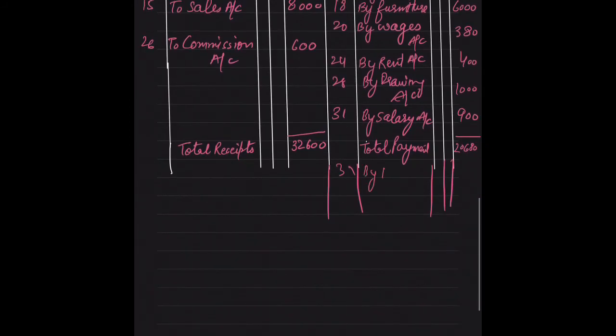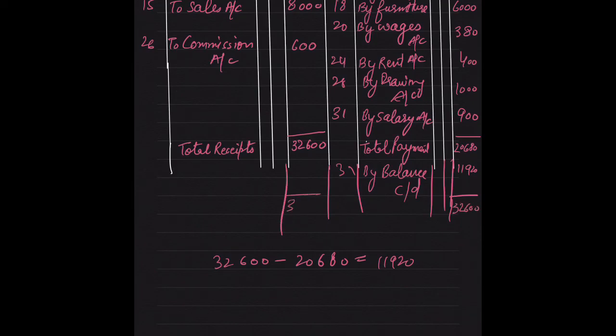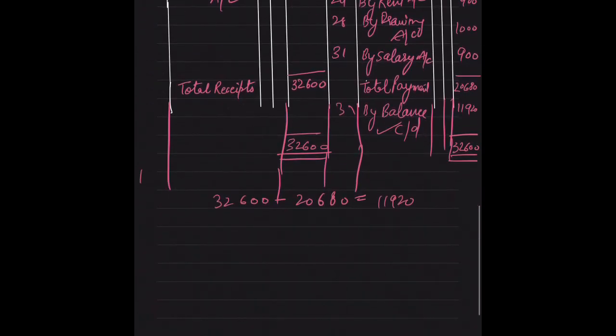31st date, by balance carried down. What is the difference? 32,600 minus 2680. The difference is 11,920. Here written 11,920. After that, total here 32,600 and double line. After that we have 31st March.